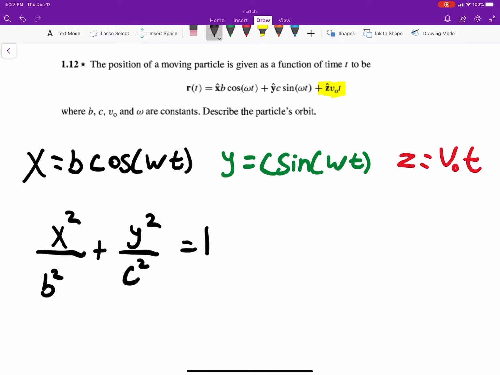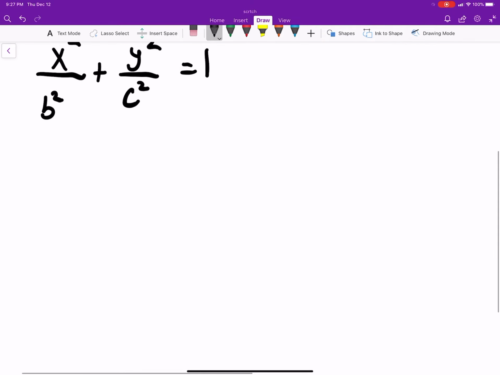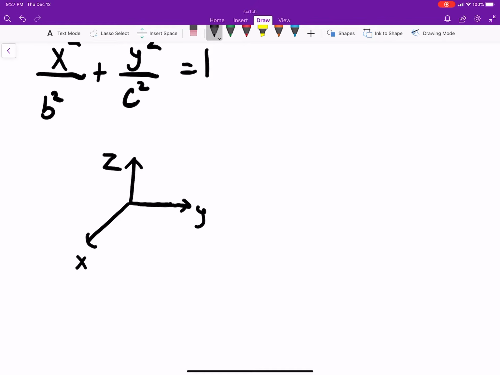So, okay, we get this ellipse, but now you might ask, how does this z component compare? Well, let's think if we drew a picture. Let's draw just a little, nothing crazy. We'll call this x, this y, this z.